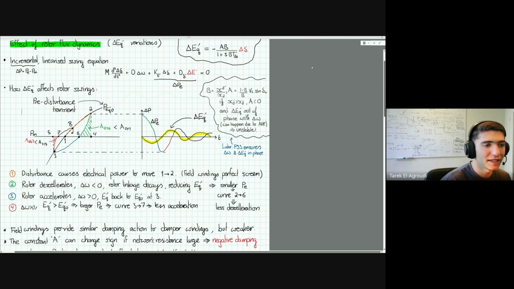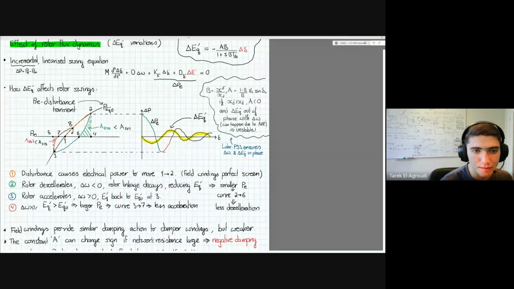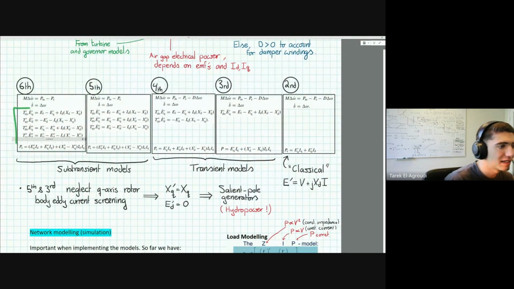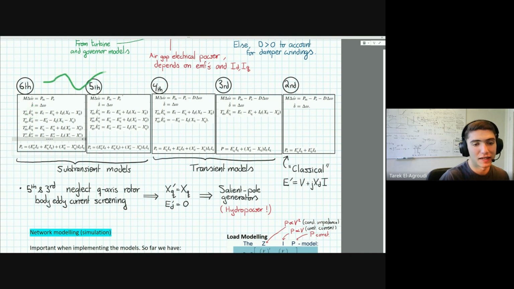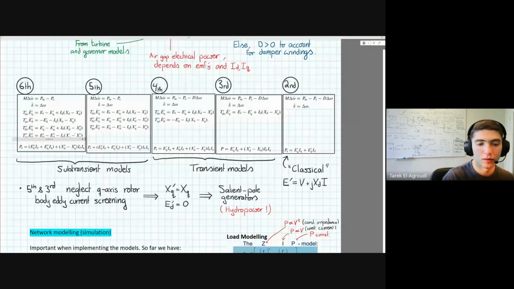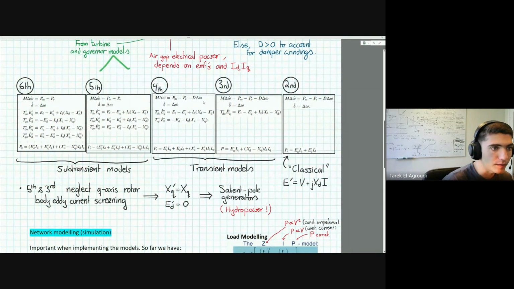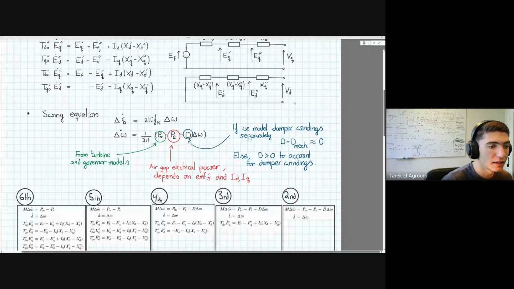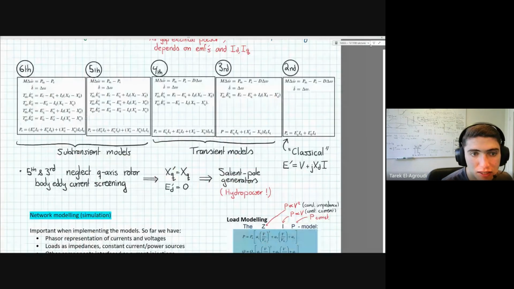So the effect of these transient rotor flux dynamics, these equations, is basically to provide some additional damping by generating an induced voltage that is out of phase with the rotor angle.